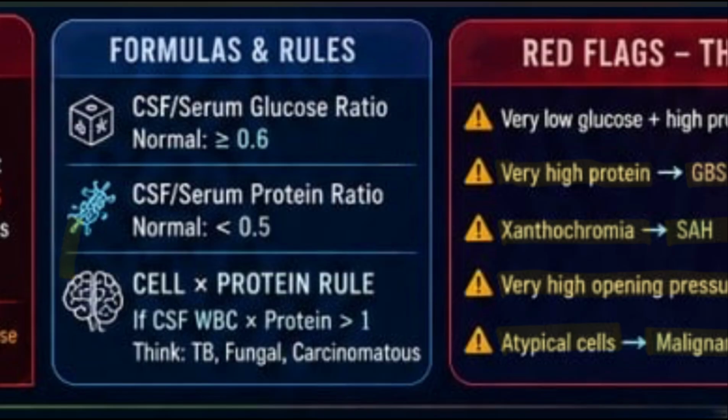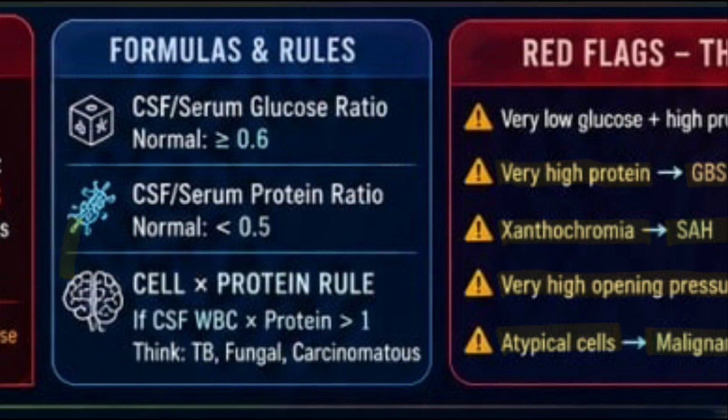So from the final exam point of view, let me simplify cerebrospinal fluid for your exams. If neutrophils are increased in WBC cells, we have to suspect a bacterial infection. If it's lymphocytes, we have to suspect viral, TB or fungal meningitis. If the patient has low glucose, we have to suspect bacterial, TB and fungal meningitis.